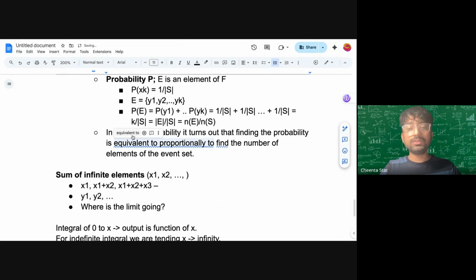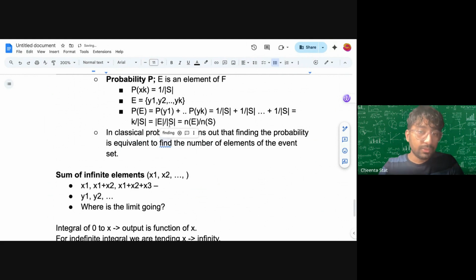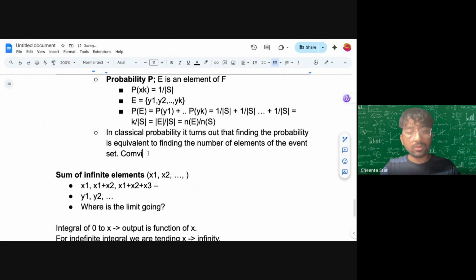This is important because it turns out that combinatorics, that is permutation and combination, is nothing but the art of counting sets, the mathematics of counting the number of elements of a set.